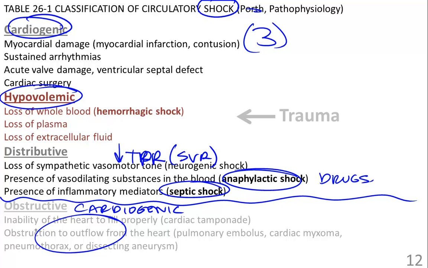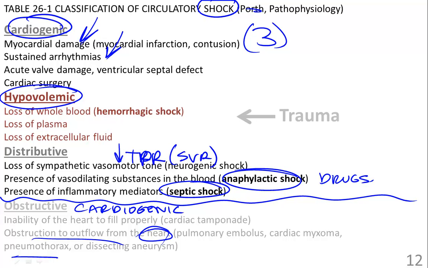Cardiogenic shock would have these obstructive forms, so something like a pneumothorax, or obstruction to outflow in the heart, aorta, or pulmonary trunk. Those would fit in cardiogenic, which would also include myocardial infarction, arrhythmias that don't allow for adequate pumping, defects in the heart, and cardiac surgery. So cardiogenic shock is when the pump's failing.